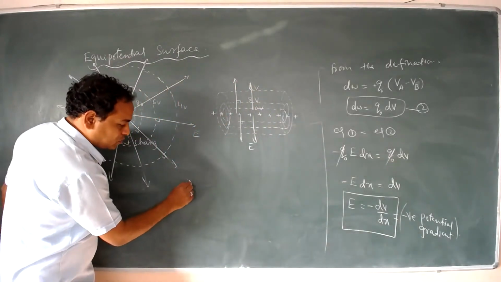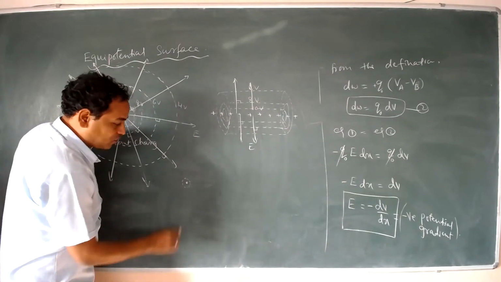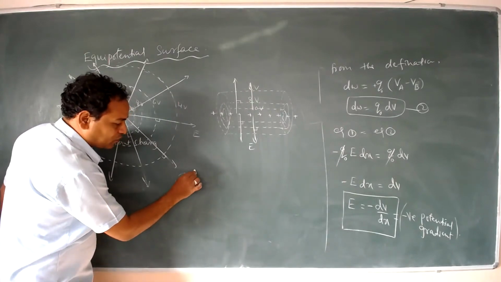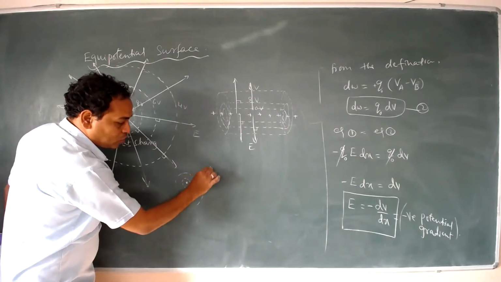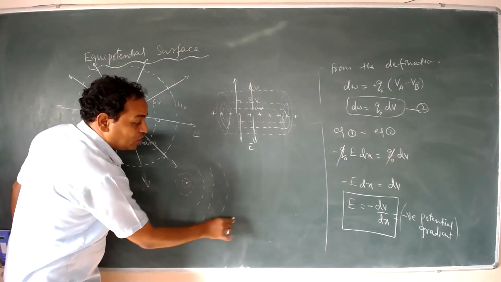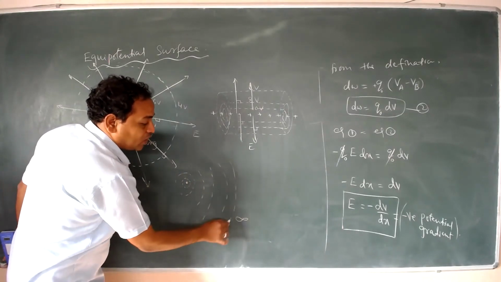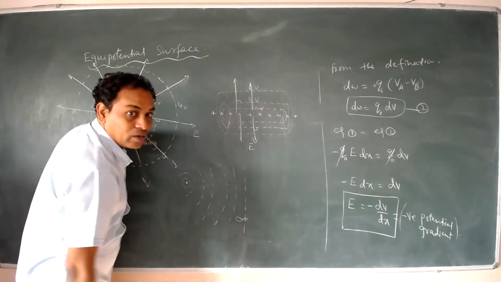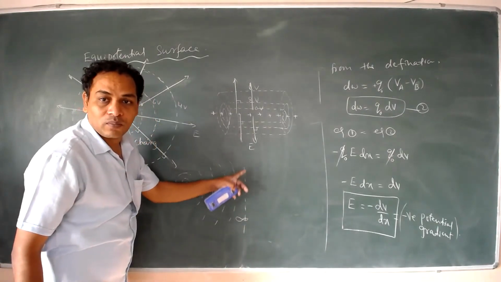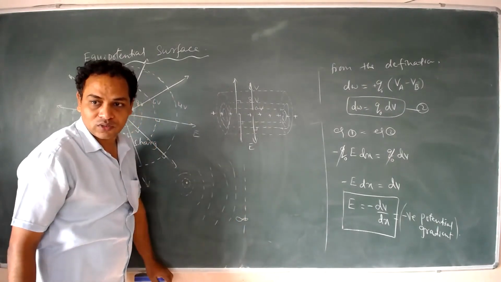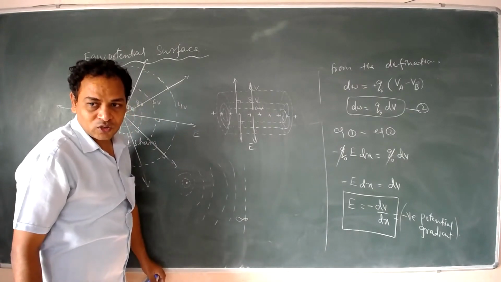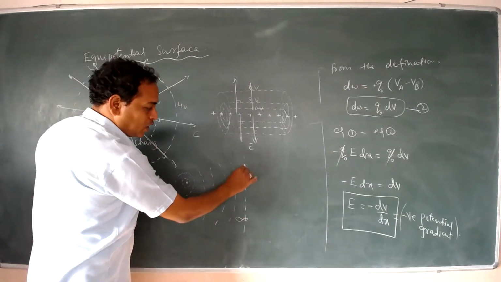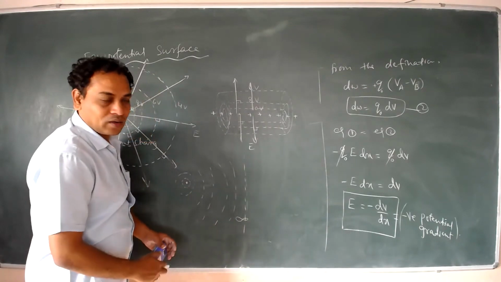So this is the equipotential surface, this is the equipotential surface, this is the equipotential surface. In this way, if you go to infinity somewhere, then it will become a plane. So this is called a plane equipotential surface also. At infinity, the equipotential surface will be a plane.